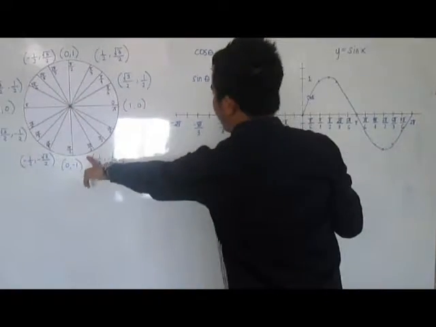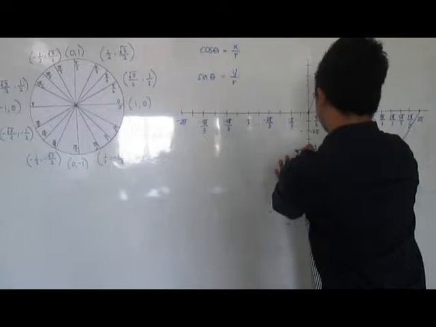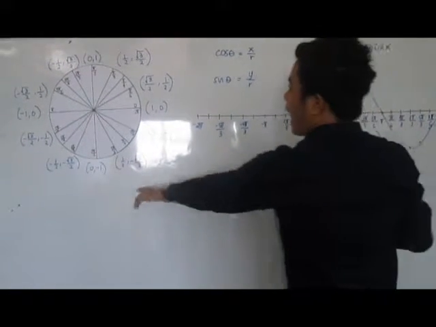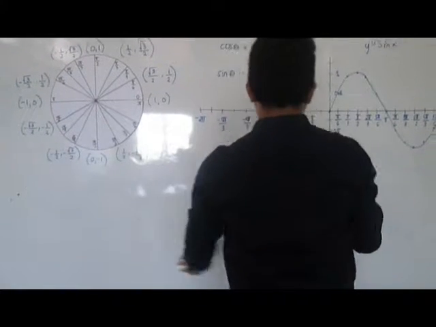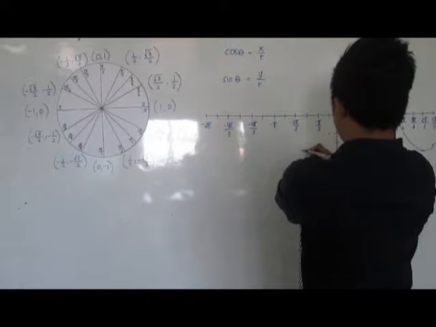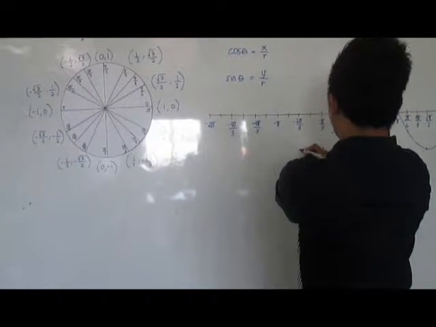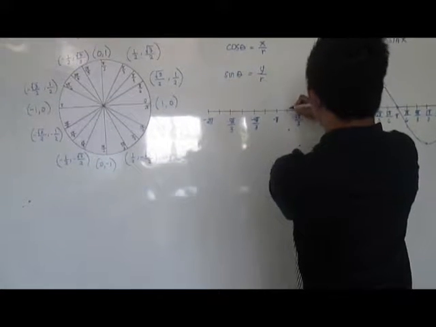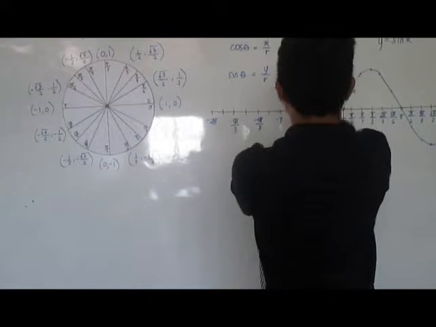At negative pi over 3, negative square root of 3 over 2, or negative 0.87. At negative pi over 2, that's negative 1. And then negative 0.87, negative 0.5, 0.5.